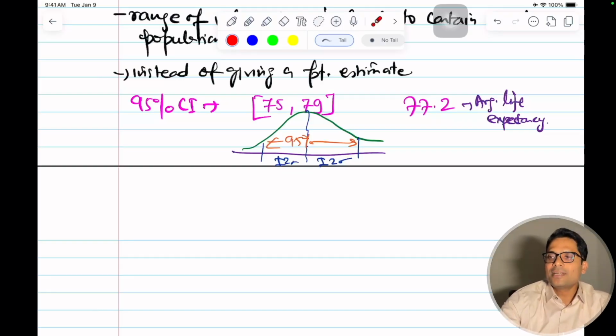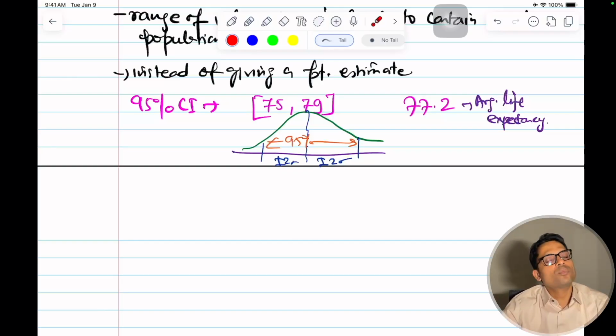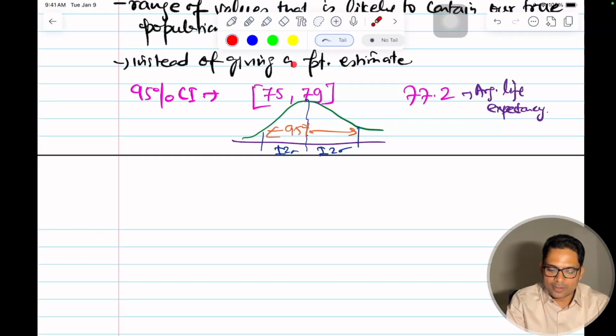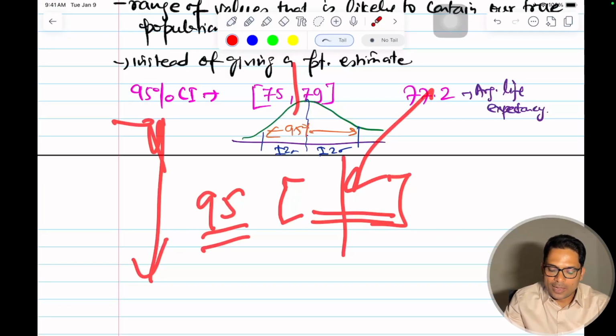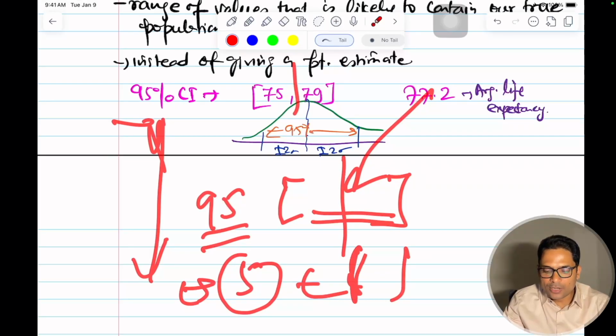It means that if we repeat the sampling process many times, then 95% of those calculated intervals will capture or include the true population mean. So if I do this 100 times, 95 of those confidence intervals will have my 77.2, and five confidence intervals may not include this 77.2.